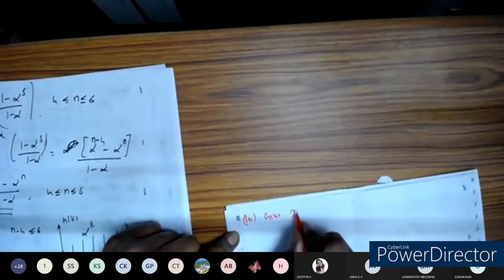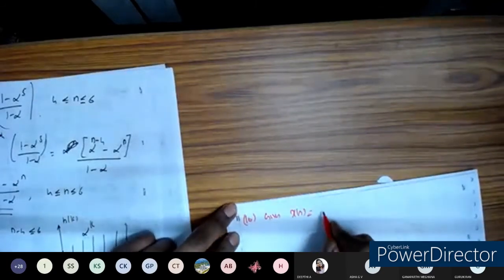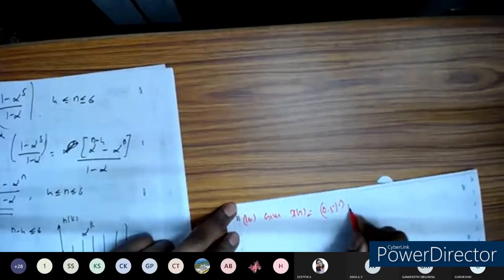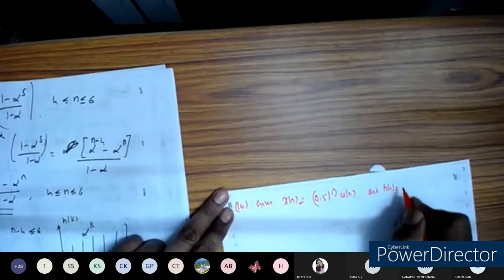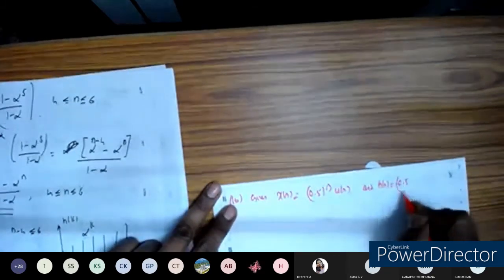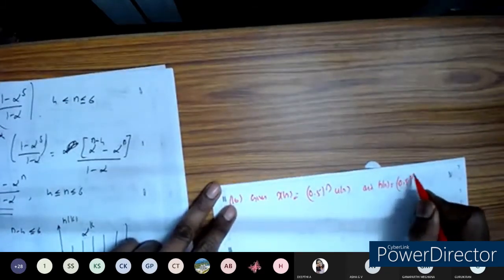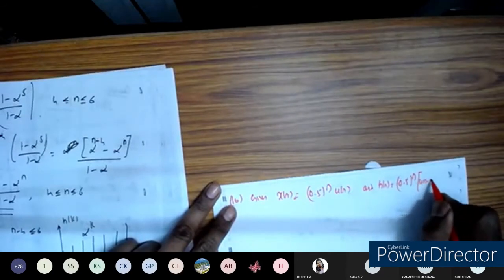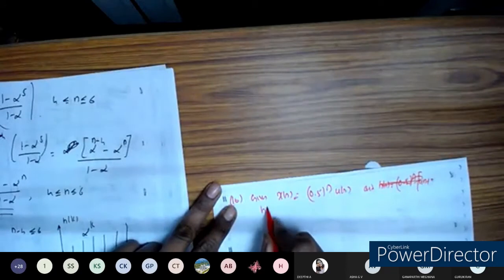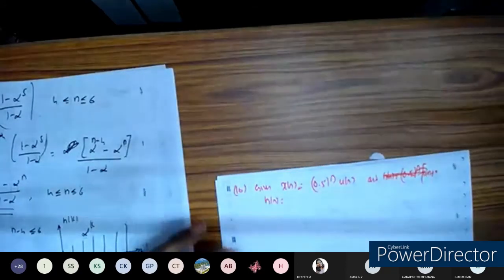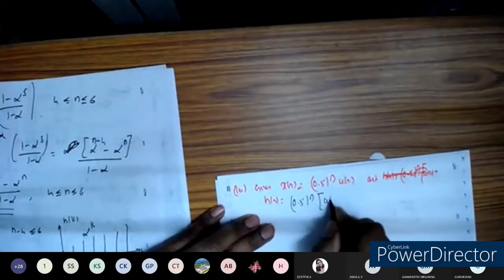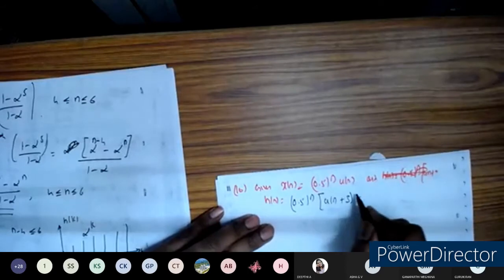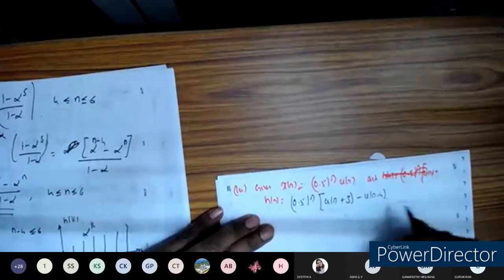Given x of n is equal to 0.5 to the power of n into u of n, and h of n is equal to 0.5 to the power of n into u of n plus 3 minus u of n minus 4.